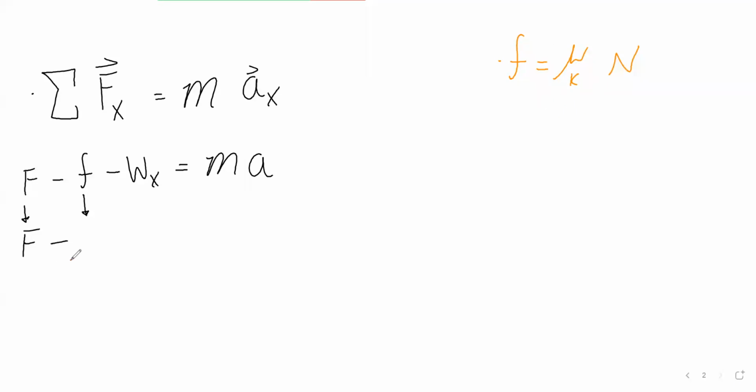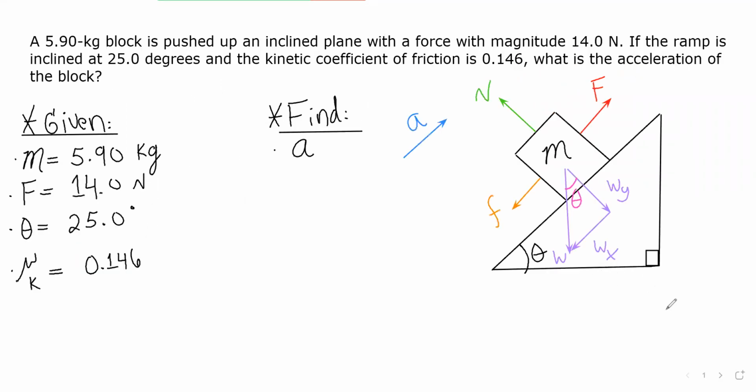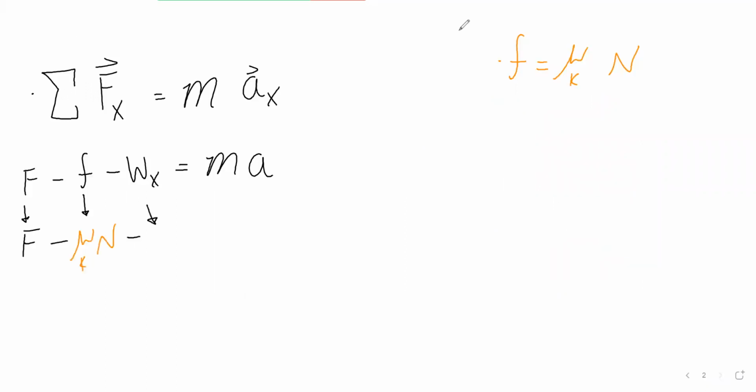So this is going to be mu times n minus wx. I'm going to replace wx with mg sine theta, because again, w always equals mg.